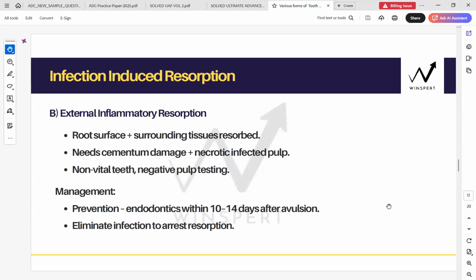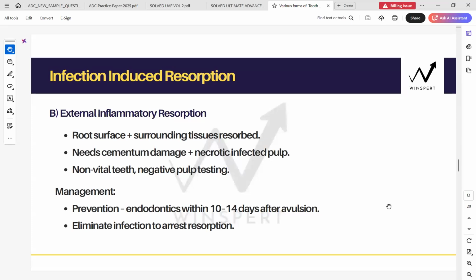Understood now? Cementum is disturbed, infection is very likely, so remove the pulp immediately or within a week in avulsion, because the combination of trauma and infection will lead to external inflammatory resorption, which is highly present in an avulsion situation.